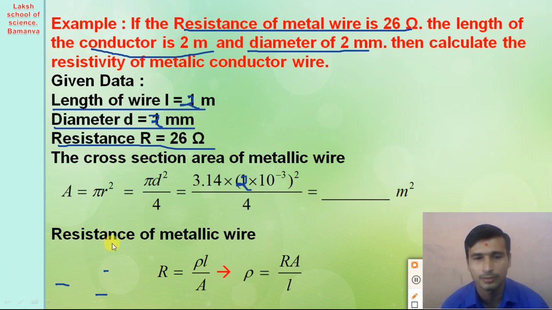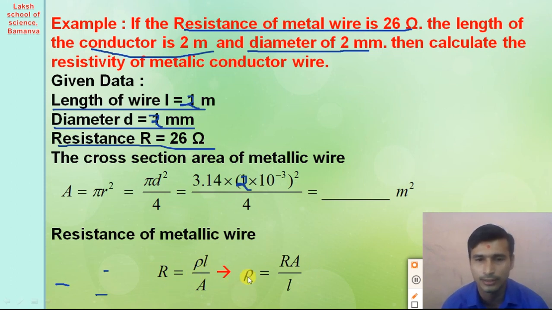Then from the equation of the resistance of the metallic wire, R is equal to rho L by A, we modify this equation to calculate the resistivity. A is in the division, so we take it to the multiplication, and L is in the multiplication, so we take it to the division.